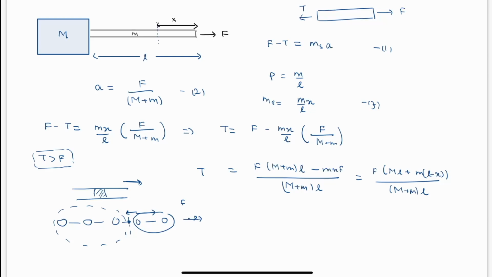At this point, there is only tension, and that tension is just because of the van der Waals interaction between this molecule and this molecule. So this force will get transferred in this way to the rest of the molecules also. So what I'm trying to say is tension cannot be greater than the force, because tension is a response.